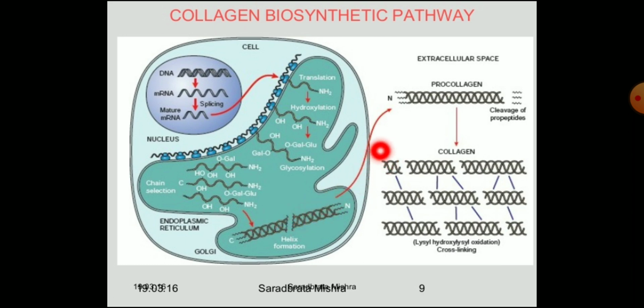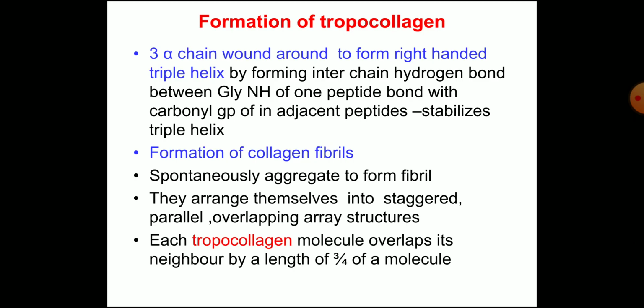After that, it is secreted into the extracellular space, where cleavage occurs in the polypeptide on both sides, and finally a triple helical structure, tropocollagen, is formed, and then it is arranged in the quarter-staggered manner, forming the fibrils. These fibrils are interlinked by bonds. Here there is cross-linking while forming the fibrils. So this is the overall synthesis part.